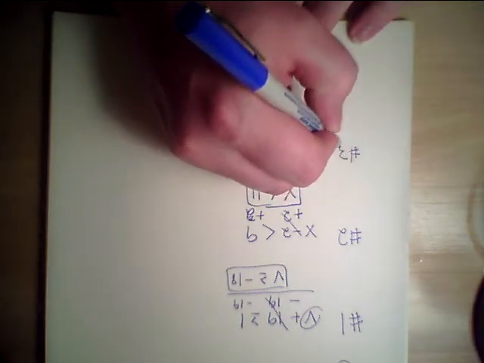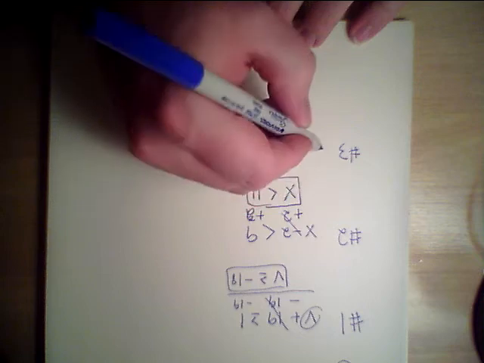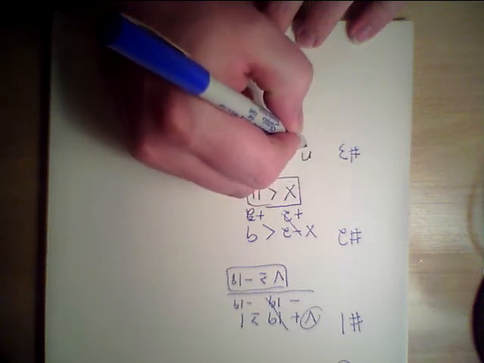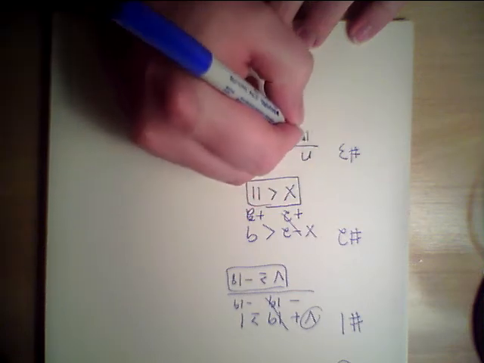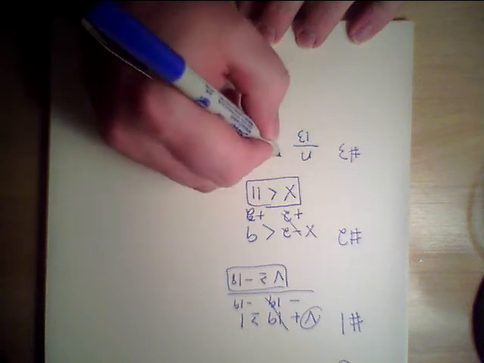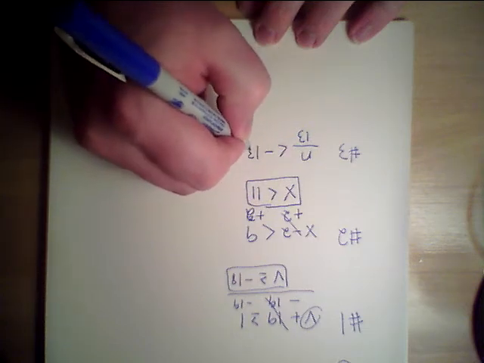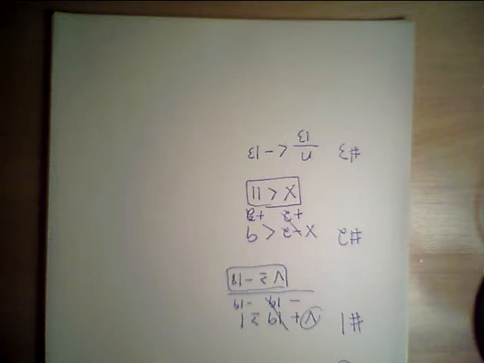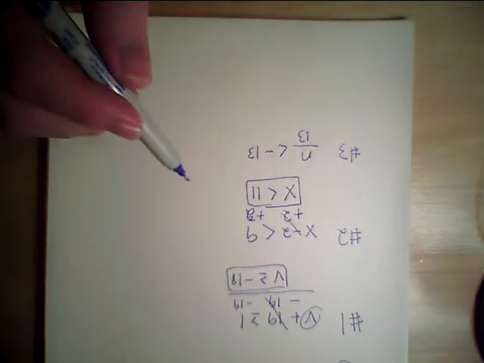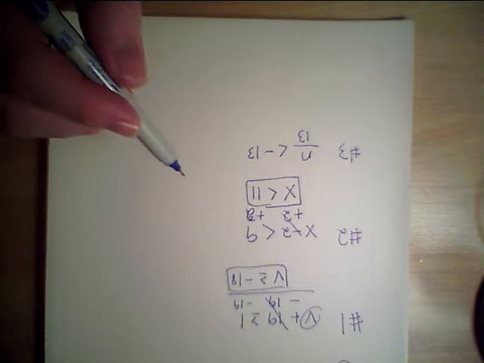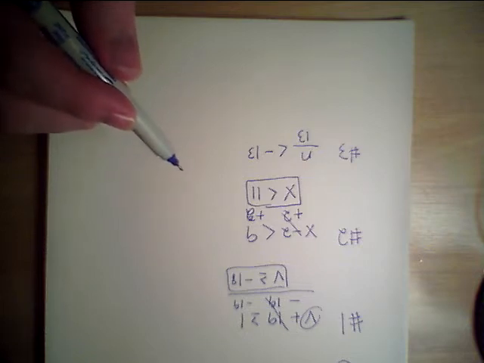Number 3, we have n over 13 is less than -13. Essentially we're doing the same thing. We don't have a negative n, so we can treat this just like an equation.